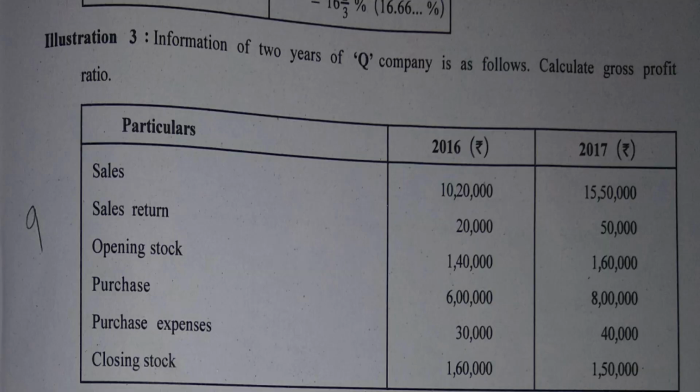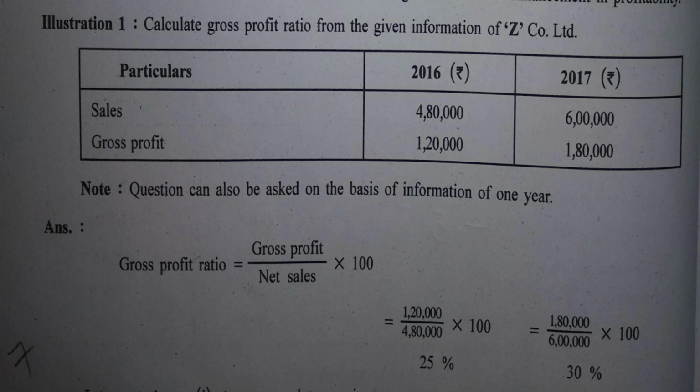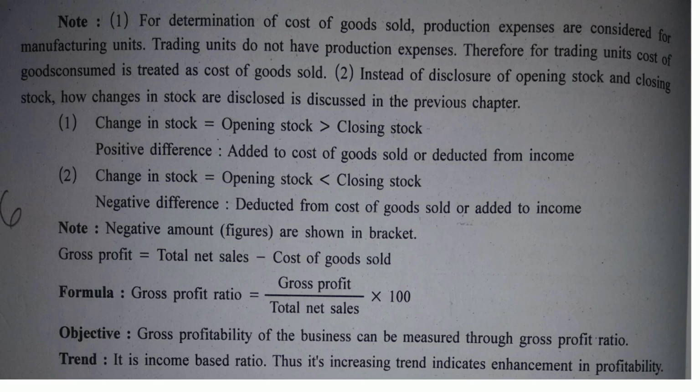Now this topic is here. See, changes in stock, point number 1 and 2 after first note. Positive difference, negative difference. In our sum, it is a negative difference. It is to be deducted from cost of goods sold or added to income.